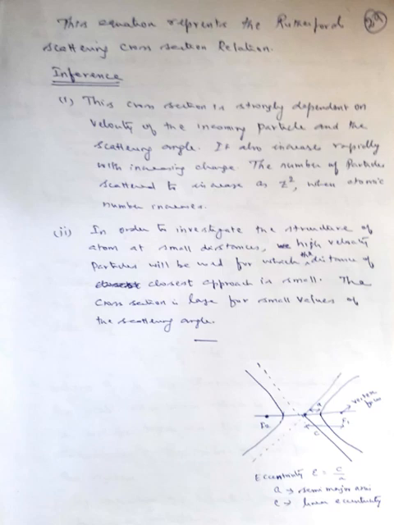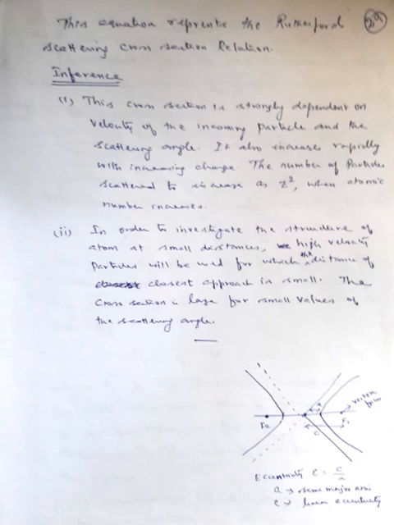So what does this equation imply? From this equation, what are the inferences we are finding? This cross section strongly depends on the velocity of the incoming particle and the scattering angle. So the scattering angle and velocity of the particle are responsible for this cross sectional area.